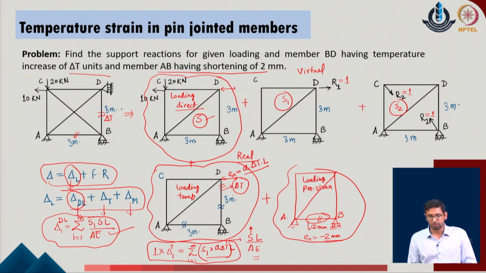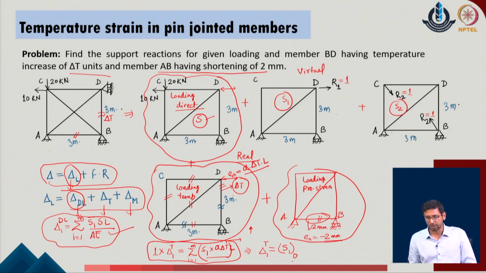As we have only one of the members subjected to the temperature change, we will express this as delta 1 with respect to the temperature is equal to S1 with respect to only the member BD, because I do not need to consider other members. All these members with respect to the loading temperature have 0 forces.